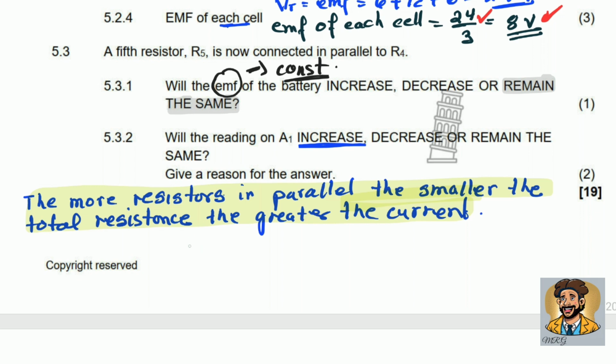So you have to say the total current increases, our total resistance is going to decrease. If you add resistors in parallel, please write that. I cannot stress it enough. You must write that so you understand. The total resistance decreases, therefore the total current increases.